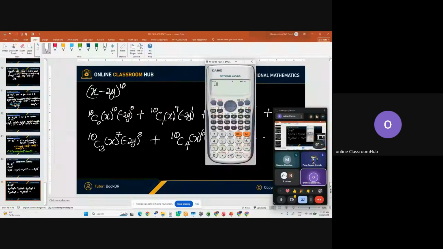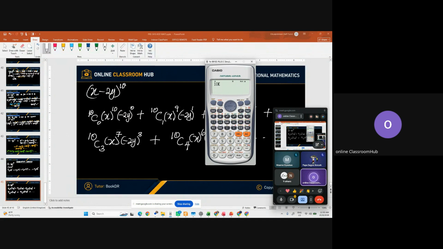It tells you that when you want to use a combination, this is where you should come. So after you press the 10, you press the shift key. To know whether you have pressed the shift key, you will see a small S on top of the screen. That indicates that the shift key is active. Then you come and press the division sign, the combination will come.